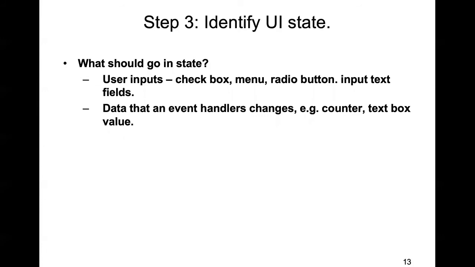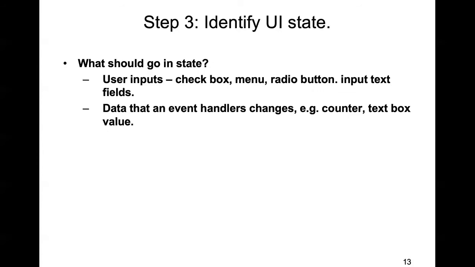Another way of thinking about that is any kind of event handlers. Event handlers tend to want to change the state of either its own component or its parent component. So event handlers also are tightly connected with this notion of state and state variables. But certainly the first one there, I think, is the best guideline to go by.